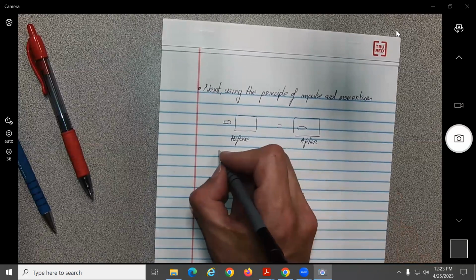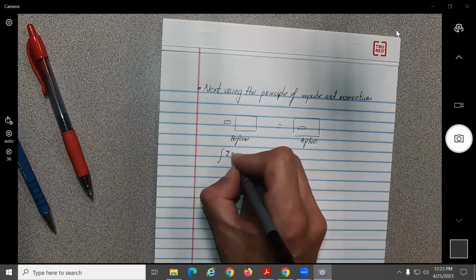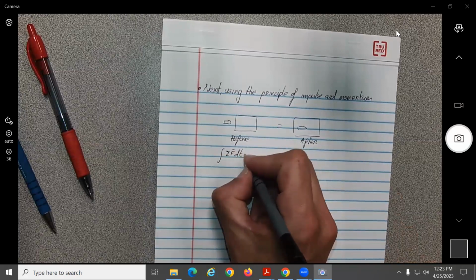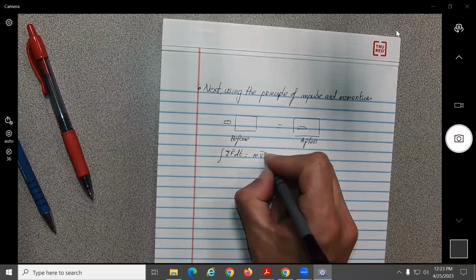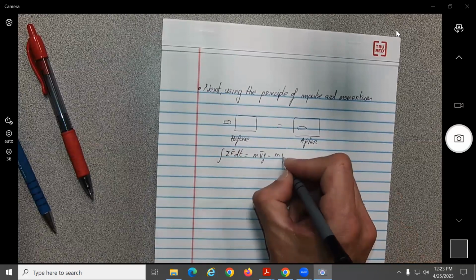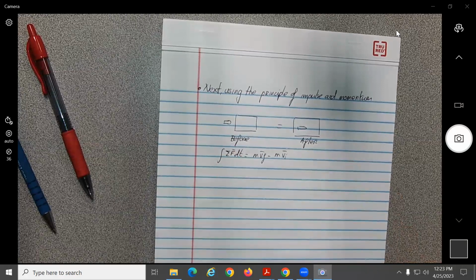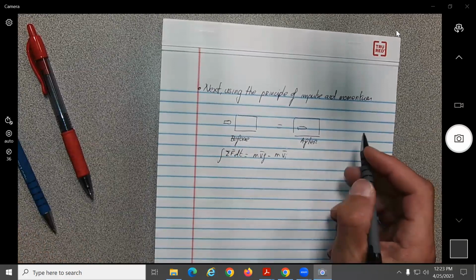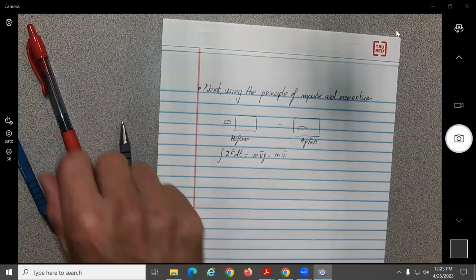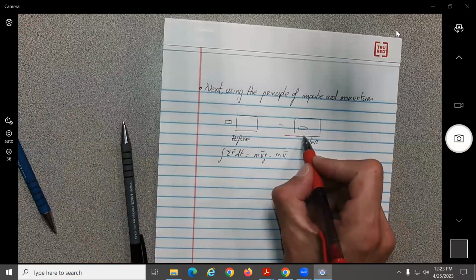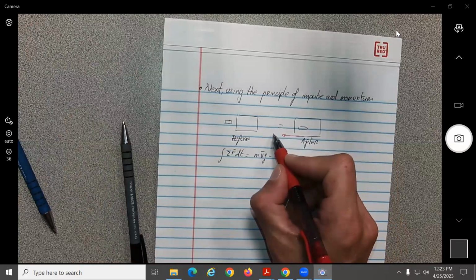Okay, so once again, we have the equation summation of forces dt equal to mv final minus mv initial. So what is happening over here is that it is true that you still have the friction force. Correct?